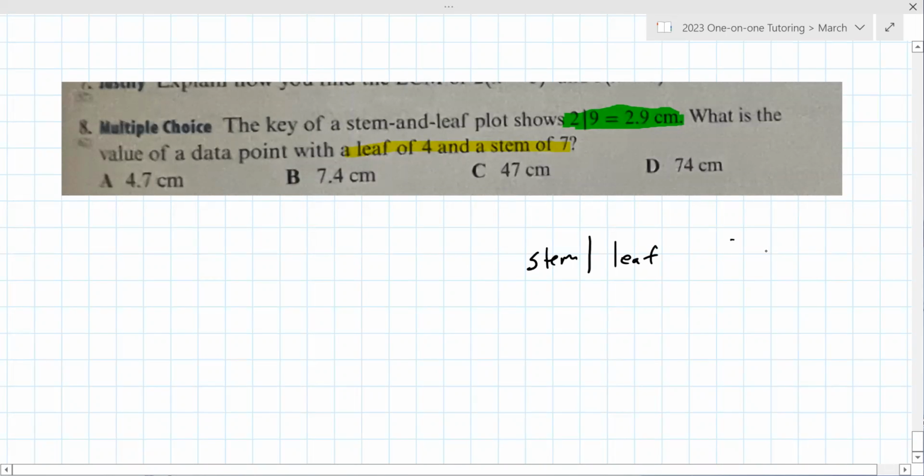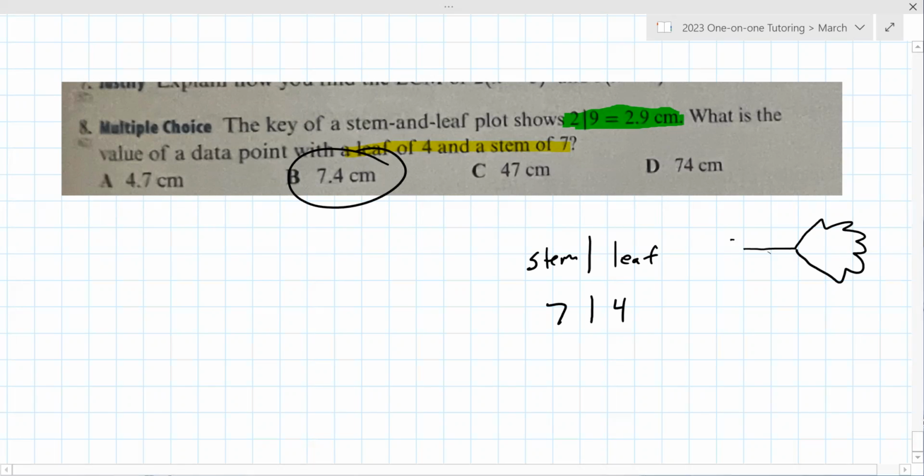Yeah, that's right. They give it to you backwards because they're difficult. Oops, that's completely wrong. It's 7.4. What is the data for leaf? Oh, okay, it's pretty straightforward.